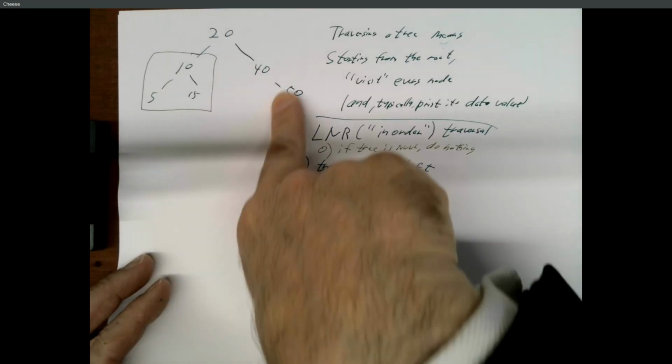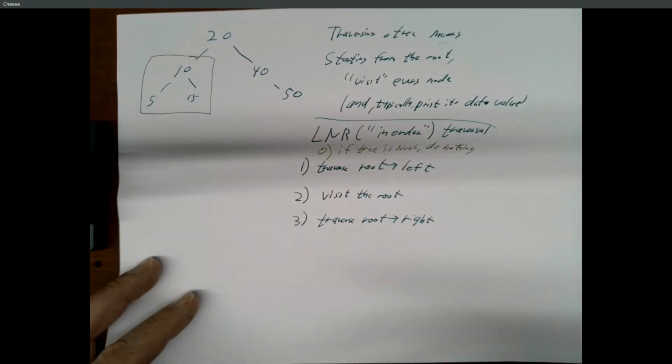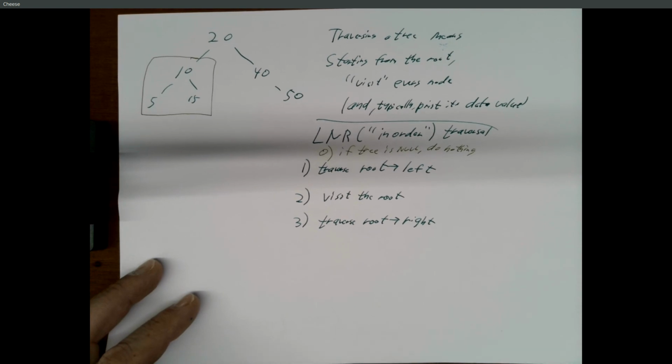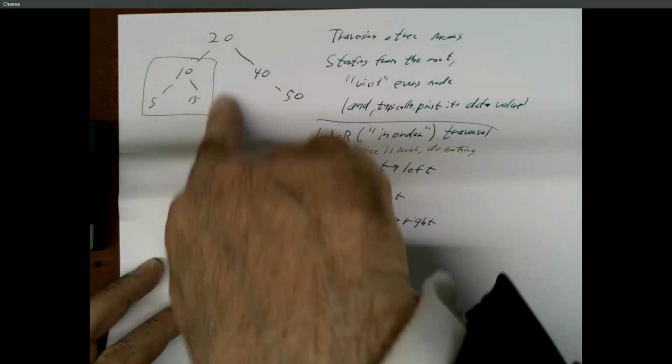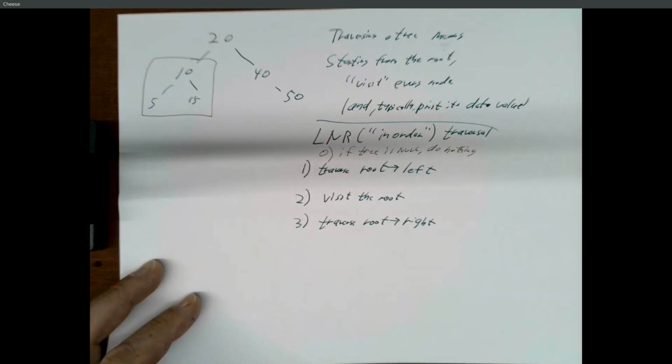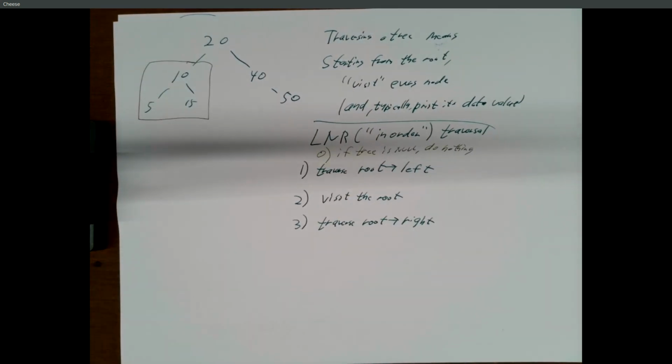Here's a tree, and I want to know if the number 30 is in there. Well, I can traverse through and check every single node and compare it to 30, but there's a recursive way we could do this. Because if there is a 30 in this tree, it's got to be exactly one of 3 places.